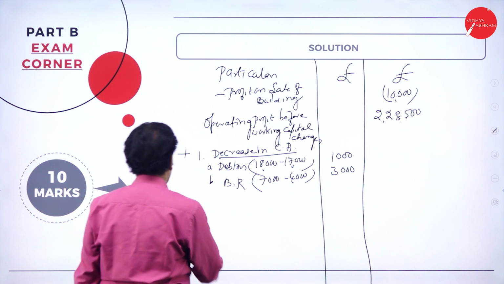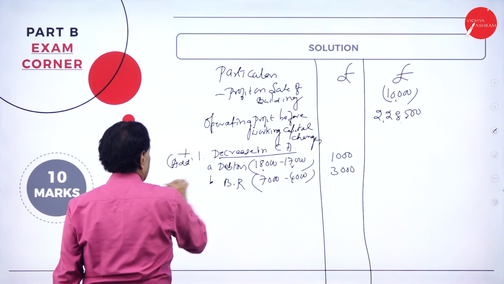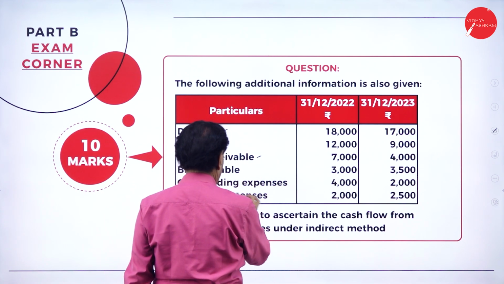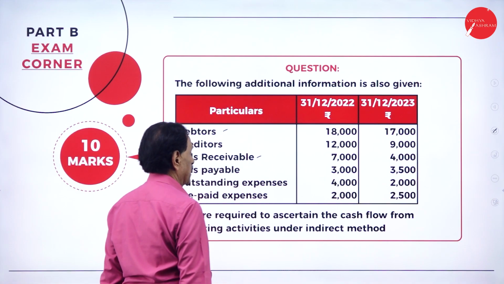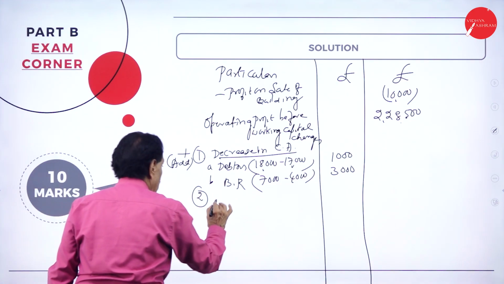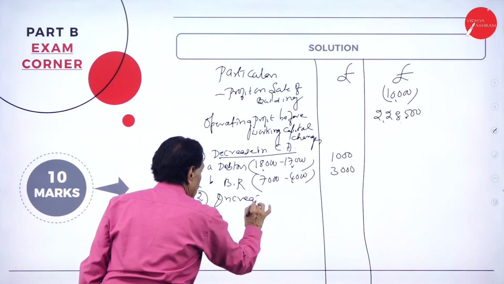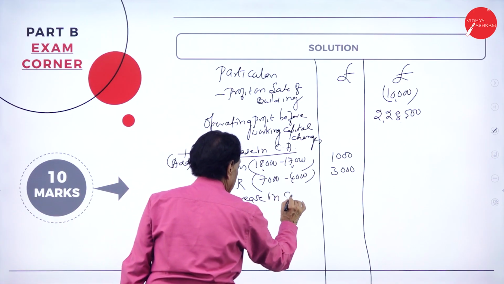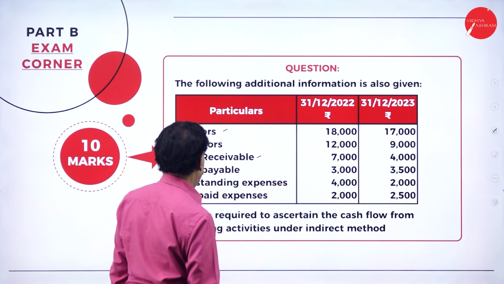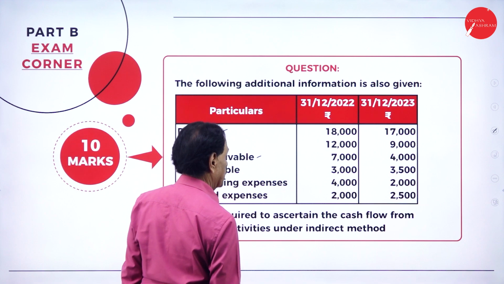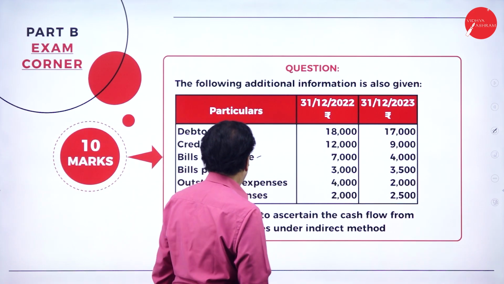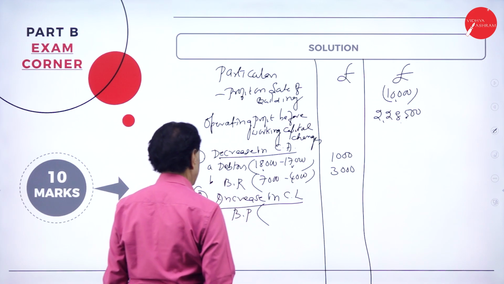And plus. Then come back. BR over. Prepaid expenses increase. Then this 1 over 2. Increase in current liabilities. Creditor decrease, BP increase. BP is 3,500 minus 3,000.